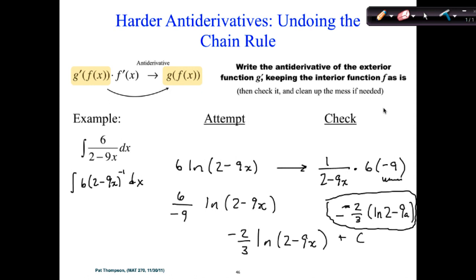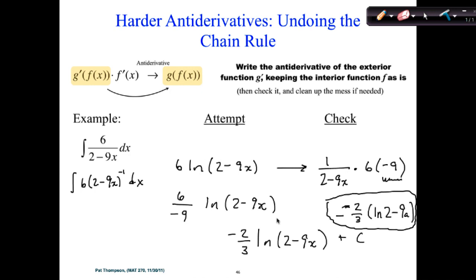Yes, sir. Shouldn't the 2 minus 9x in our final answer be an absolute value? Yes, thank you. So this is defined for all real values except 2/9, right? So the domain of the rate function is all values except 2/9. We need the domain of the resulting antiderivative to be the same, but natural log is only defined if this is positive.